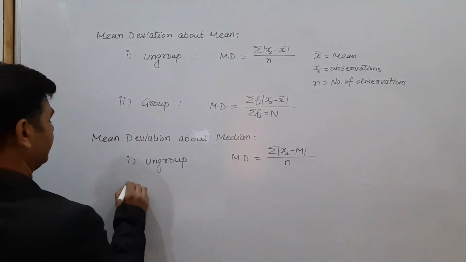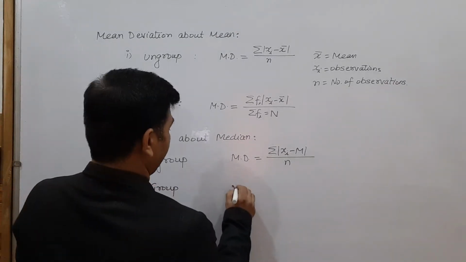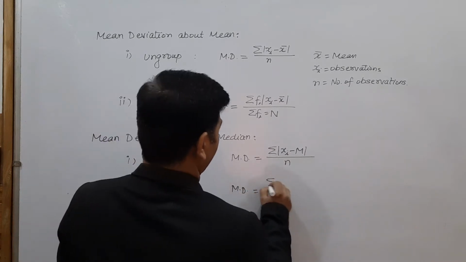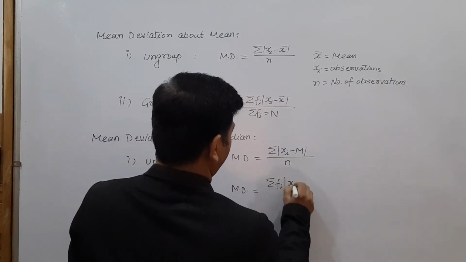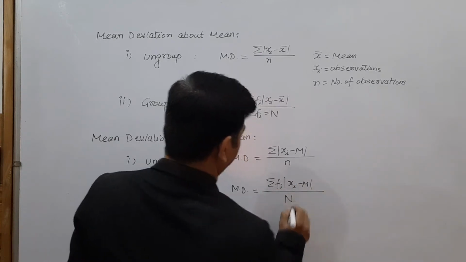For grouped data, the mean deviation is given by summation of fi |xi minus median| divided by capital N.